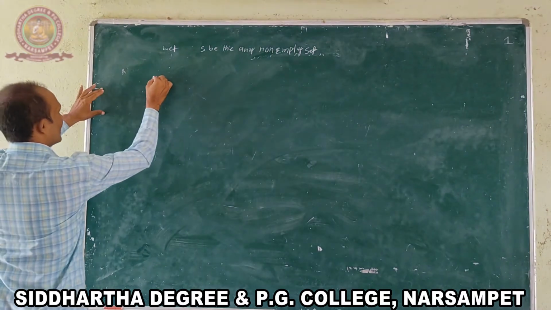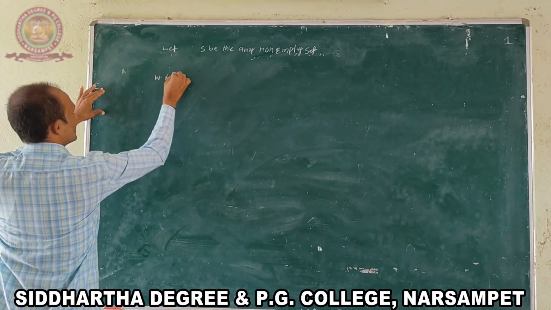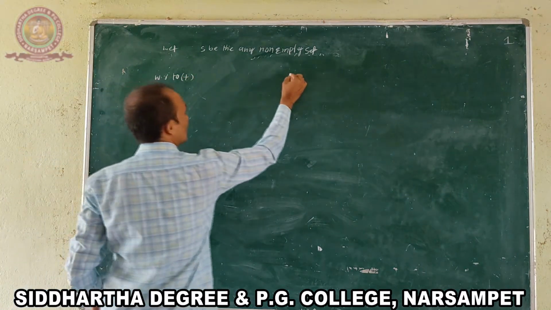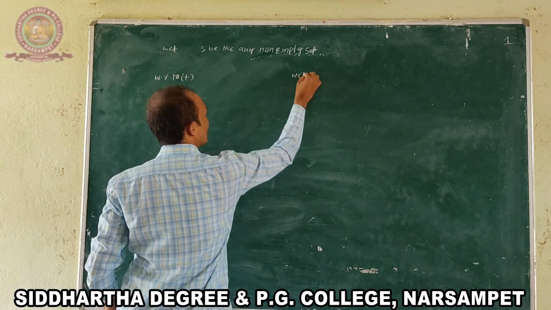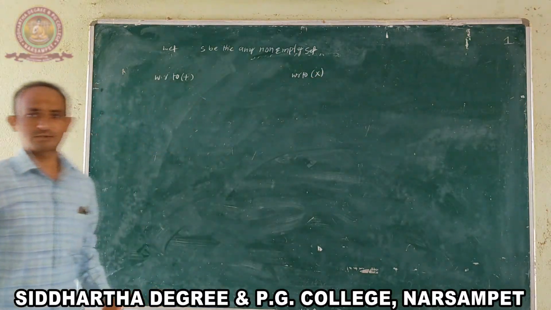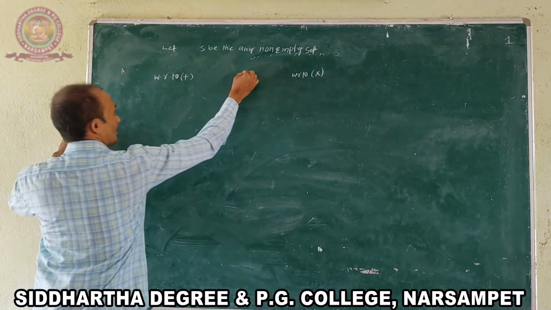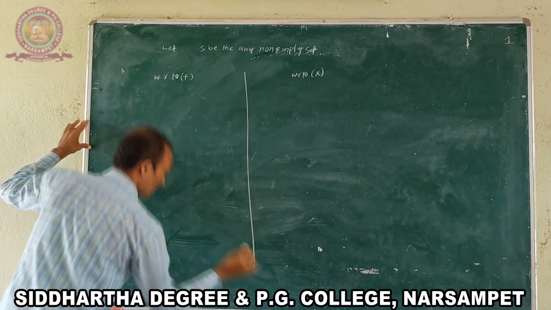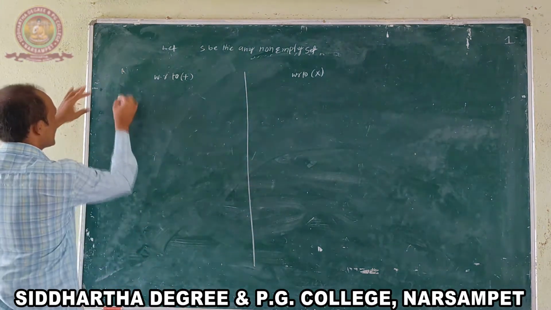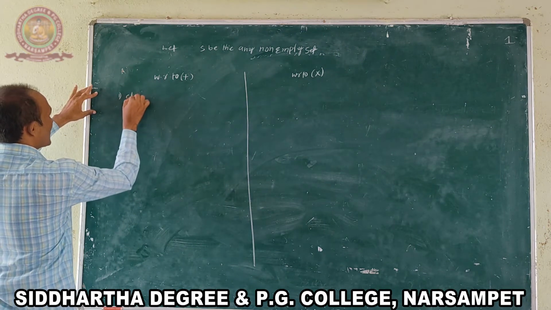First of all, with respect to addition, and next, with respect to multiplication. First, in the addition properties, the first one is the closure property.